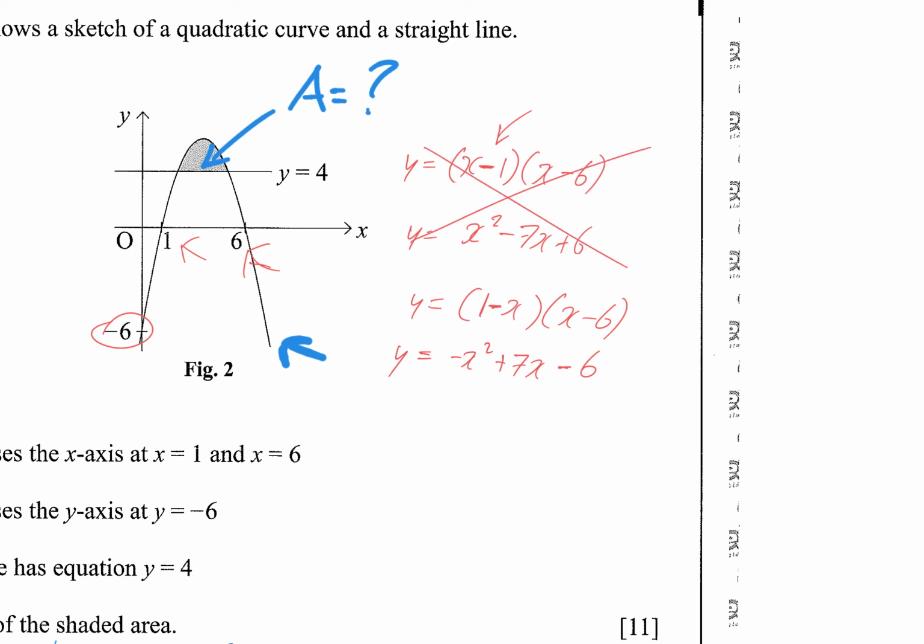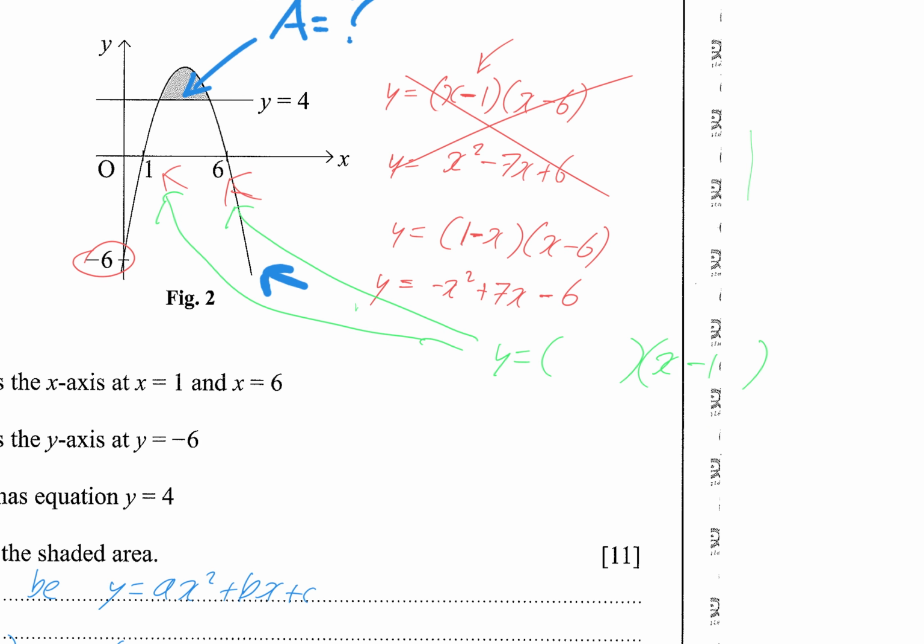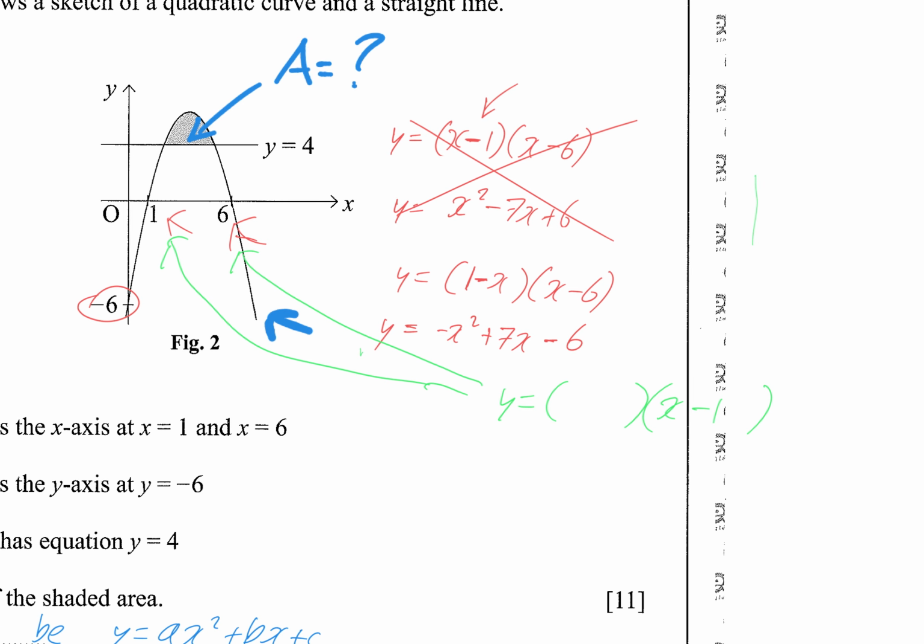And that's it. Okay, another way of thinking about it as well, maybe a slightly better way. If you have a look at this again, this one is a root, that's a root. So y is equal to, and you could put one of them in just to show you can do it a slightly different way. I could do the x minus 1 in here, and then for the second one, it has to be a negative quadratic because it's an n-shaped graph.